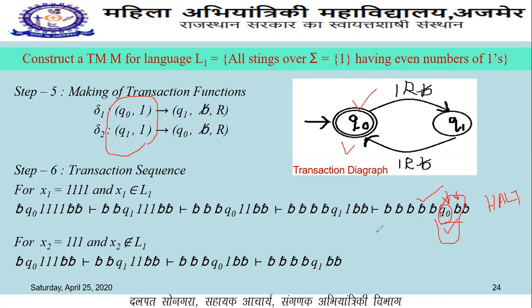Suppose your input is null. In that case you are reading your initial state q0 and you are reading the first blank. This is also accepted because null represents an even number. Zero represents an even number, and the number that comes before an odd number is always even.